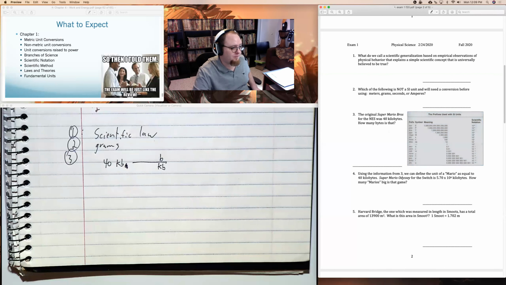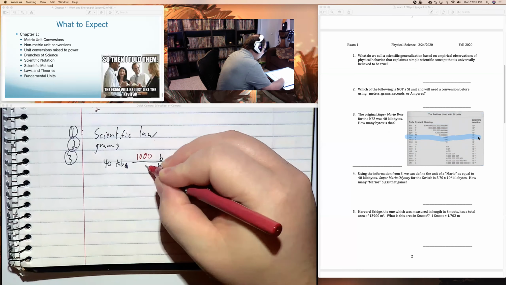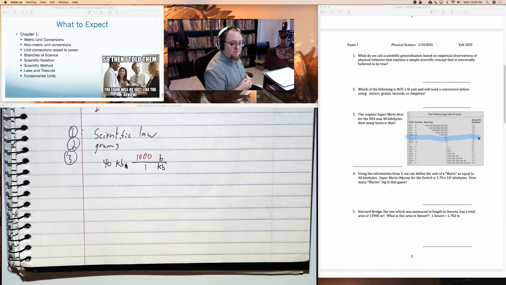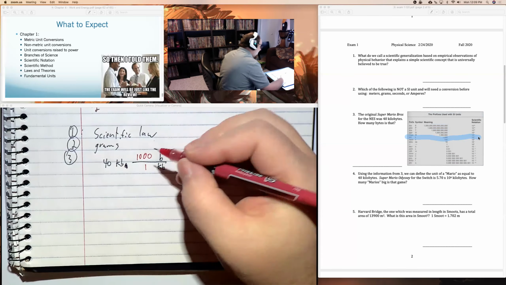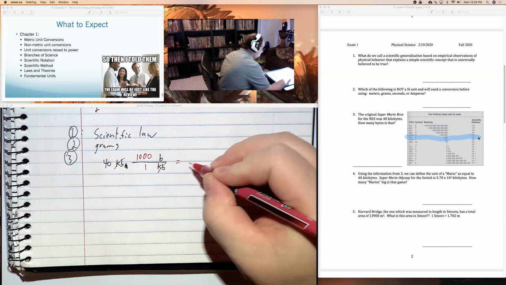What that means is there are 1,000 bytes in a kilobyte. It also means that there are 1,000 meters in a kilometer, that there are 1,000 seconds in a kilosecond, and so on. And what I can do is multiply across, canceling out my kilobytes and getting my answer.